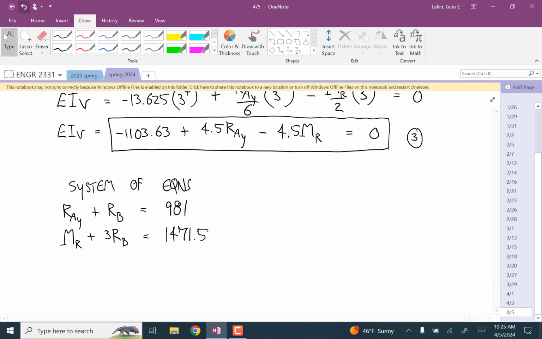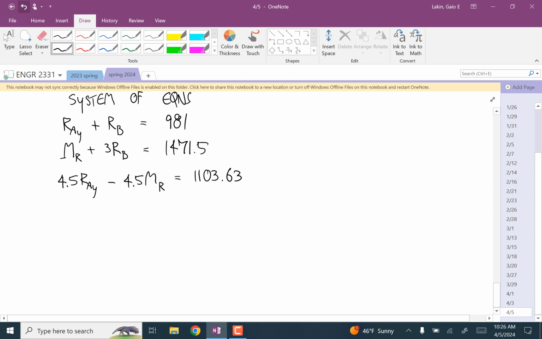And then our third equation says 4.5 RAY minus 4.5 MR is equal to 1103.63. That's three equations for three variables.